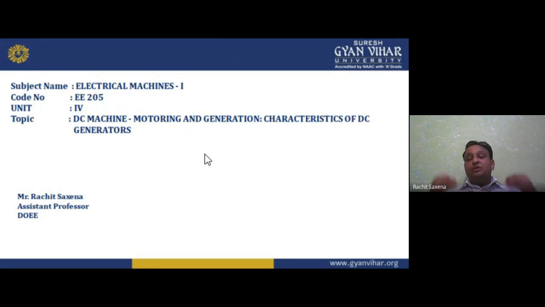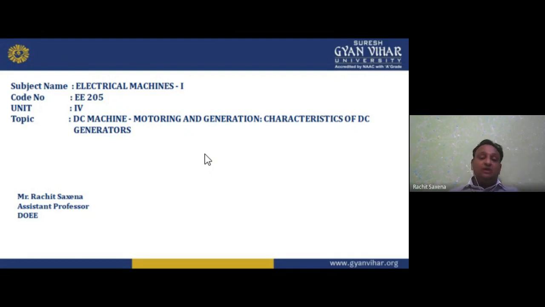If I am talking about the motor and generator, my dear students, the motor is basically the device which is used to convert electrical energy, that is power, voltage, current, into torque, speed, rotation, revolution.